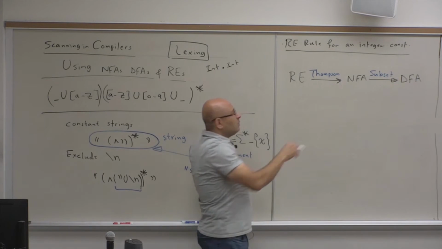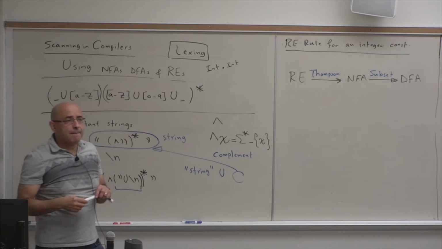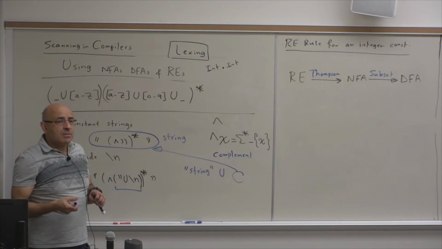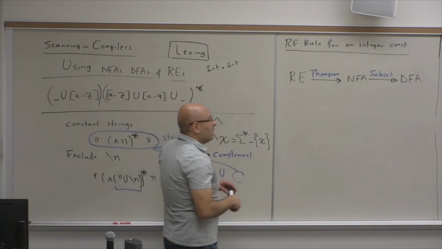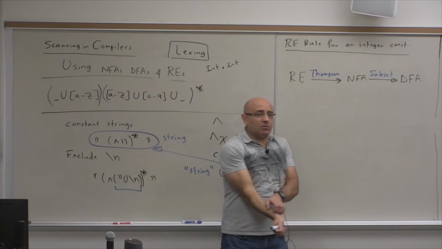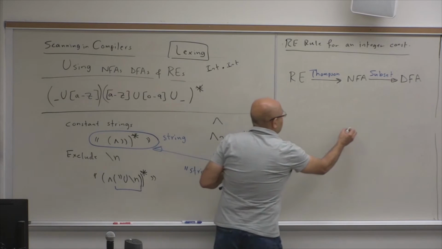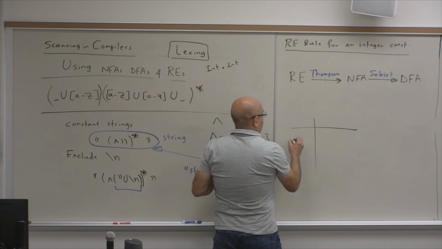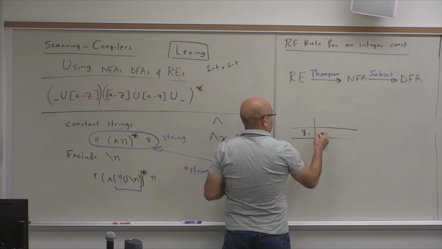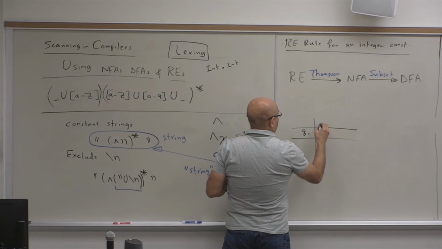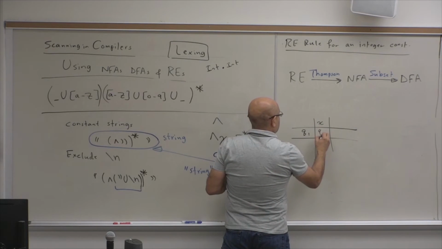So now why do we want to convert it into a DFA? Because it's easier to implement as a program. The DFA is easy to implement as a program. Well, the DFA is just a lookup table. It just says, okay, if you are in state Q1 and you get symbol X, then you go to state 7.